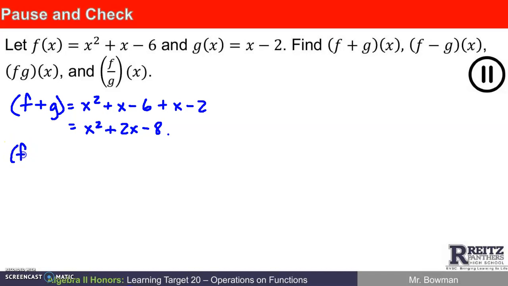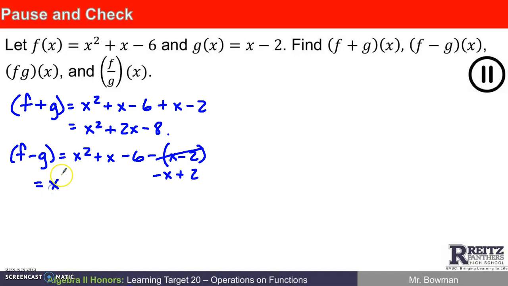For f minus g, I need f of x, x squared plus x minus 6, minus the entire function x minus 2, which really makes this negative x plus 2. So I've got x squared, my x is canceled here again, minus 4. That won't always happen, just in the 2 we did. Coincidence.